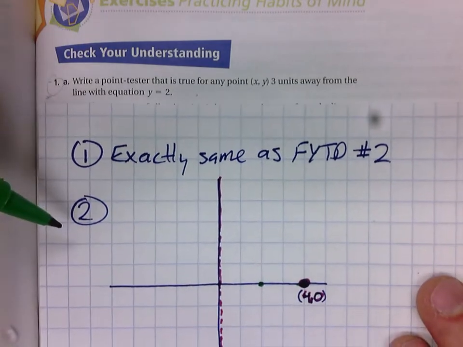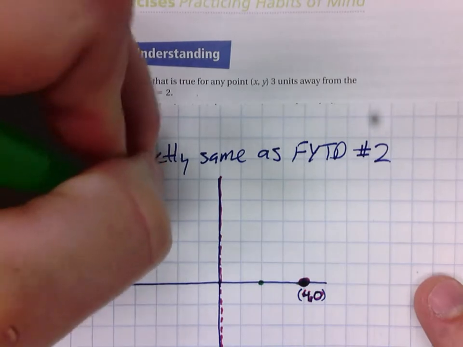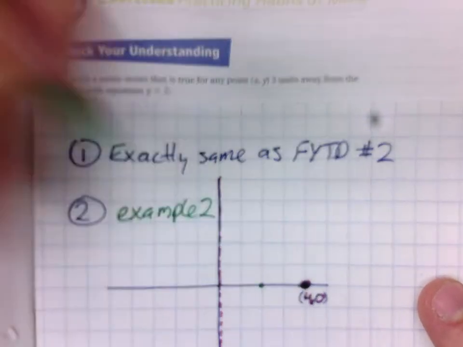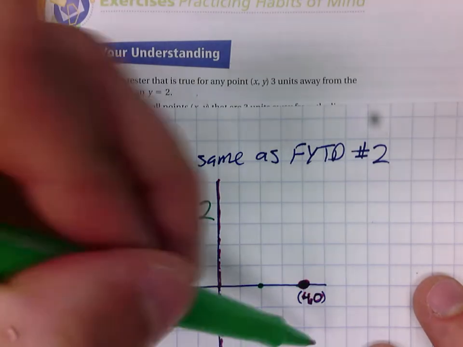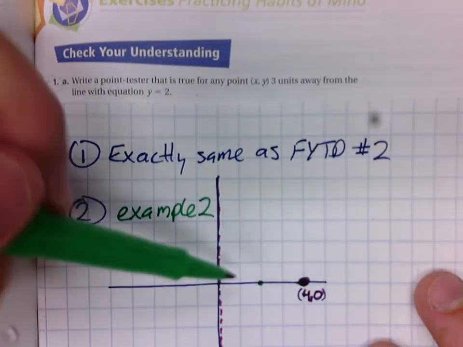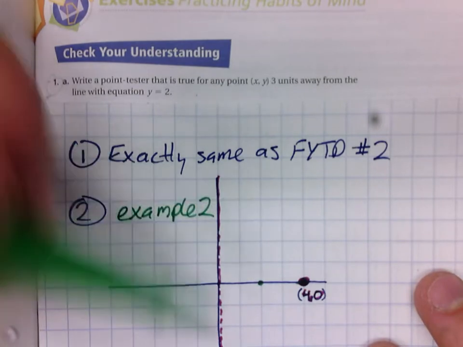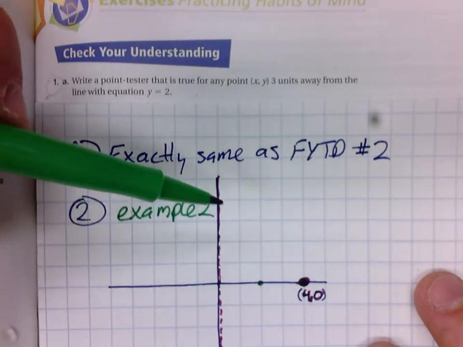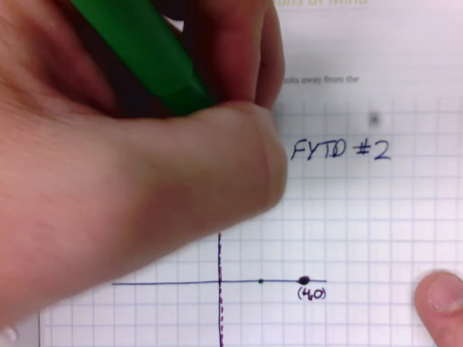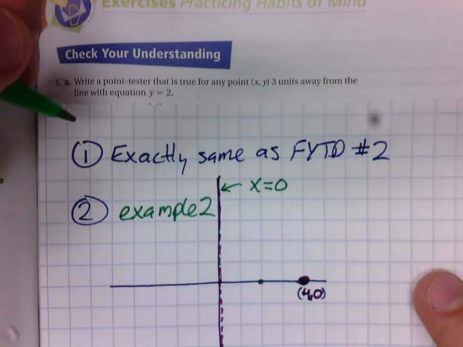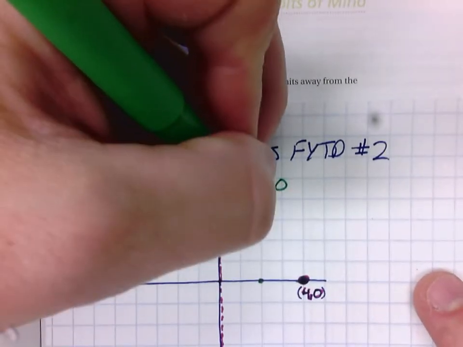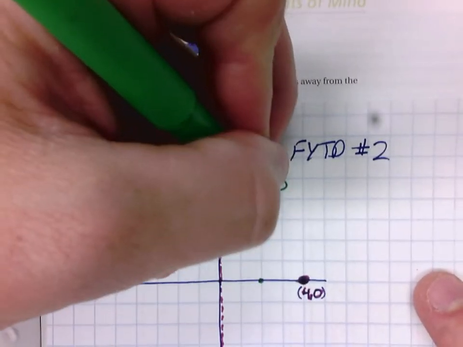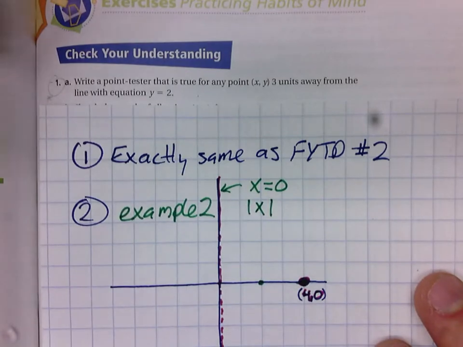Now number 2 is actually very similar to example 2, so you could refer to example 2 for this one. But you'll notice instead of a horizontal line we're looking at being equidistant to, it's actually going to be a vertical line. In this case it is the y-axis itself, but that's also the line x = 0, right? And the distance between anything and x = 0 is simply the absolute value of x minus 0, which is just x, right?